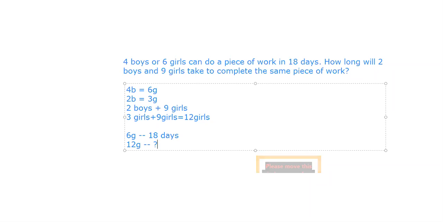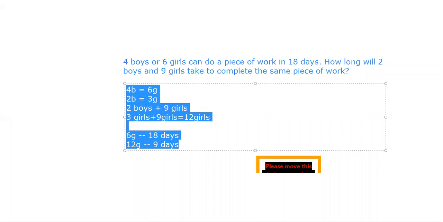Work is constant, so the more the efficiency, the fewer the days. Efficiency is in the ratio 1 is to 2, so days will be in the ratio 2 is to 1. So 2 parts is 18, 1 part will be 9. So it will be 9 days. Are we clear? Yes, sir. So the next one.